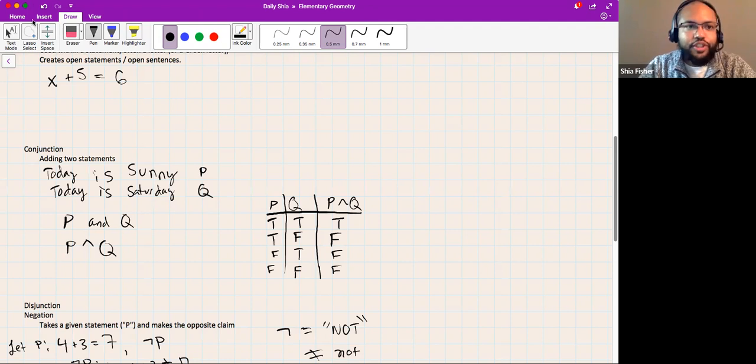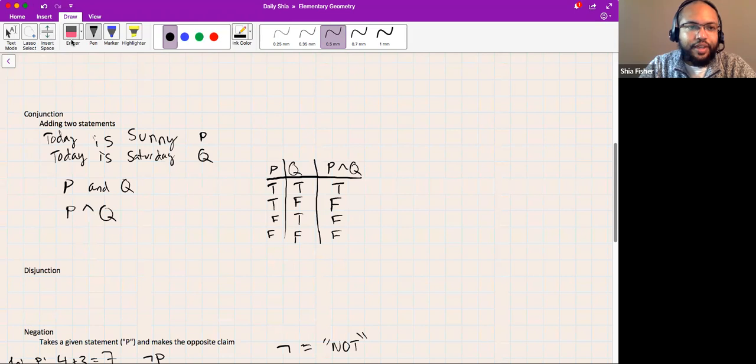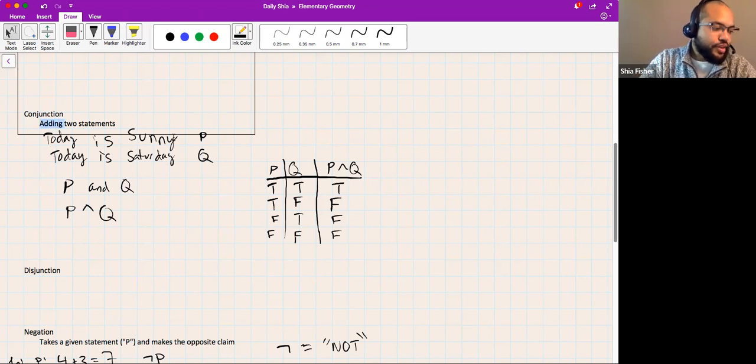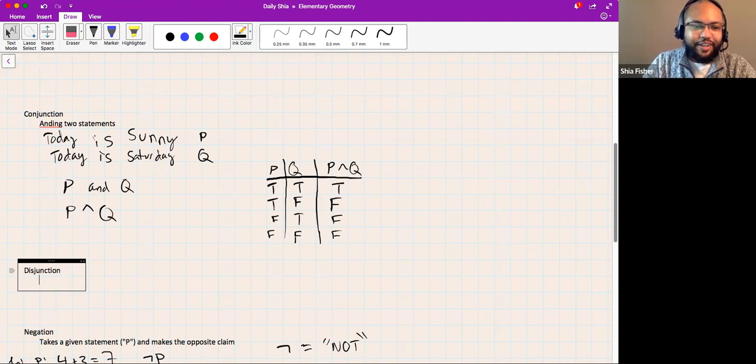Okay, what about a disjunction? You probably have an idea about it. It's like considering two statements together. The disjunction is taking the either-or.